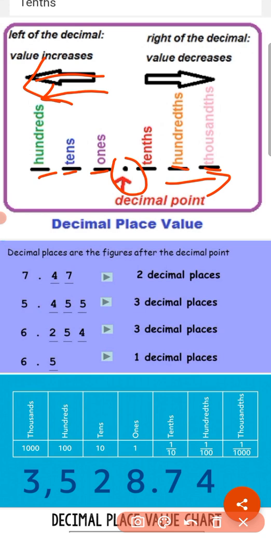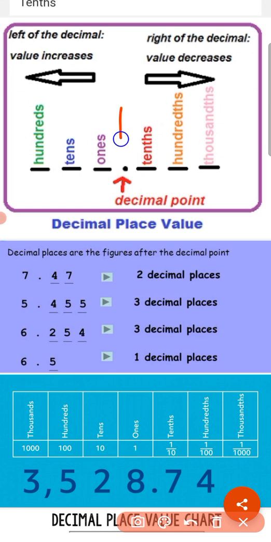In between ones and tenths, there is a point which is the decimal point. The decimal point is the most important part of a decimal number.